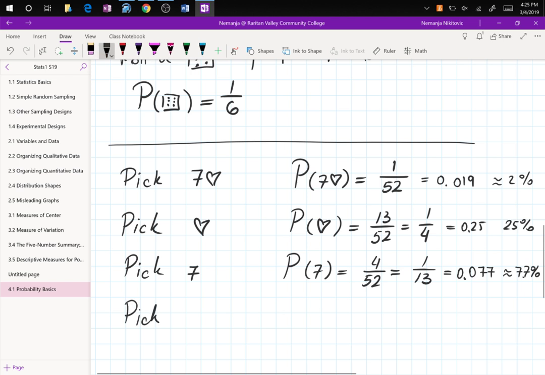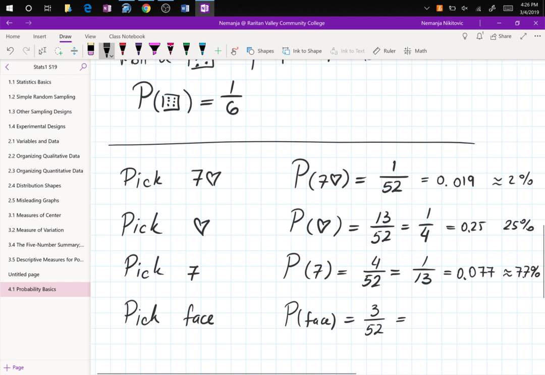What's a face card? Jack through King. Those that have pictures, right? Three cards in each suit have pictures, right? Well, to pick a face, that's going to be 3 out of 52. That's worse than the 2.